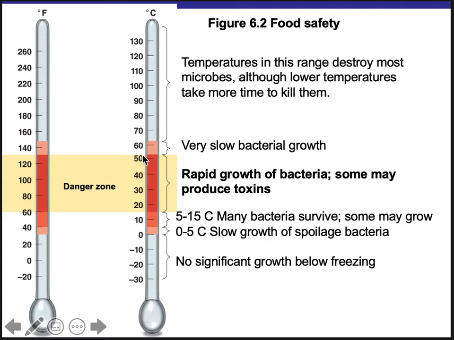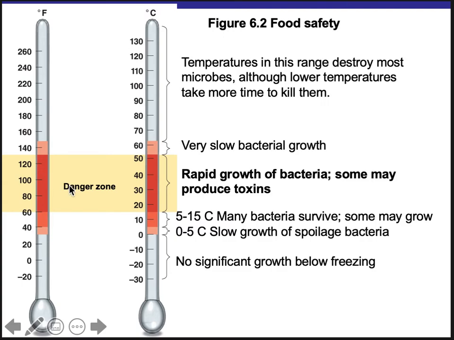So remember, our body temperature is 37, so we're smack in the middle of that danger zone. Going all the way up to 130 degrees Fahrenheit is going to feel pretty warm to us, but that's still not hot enough to keep your food safe.